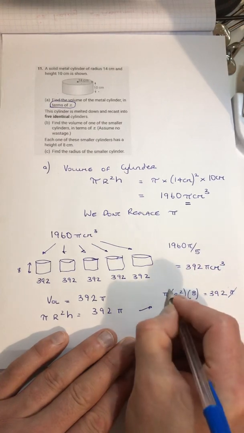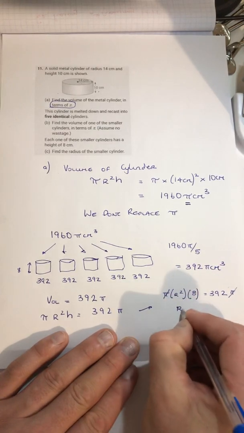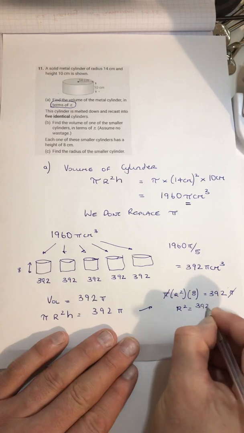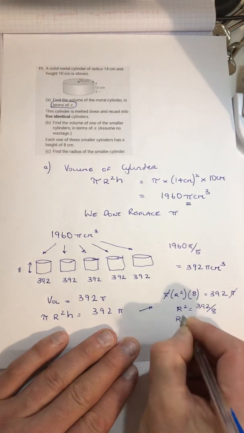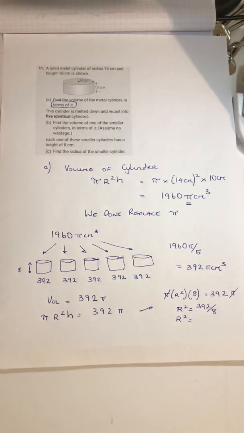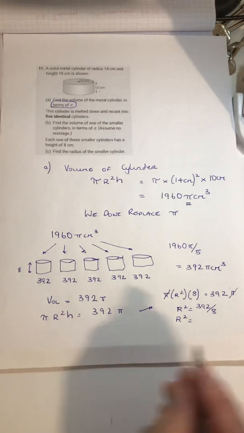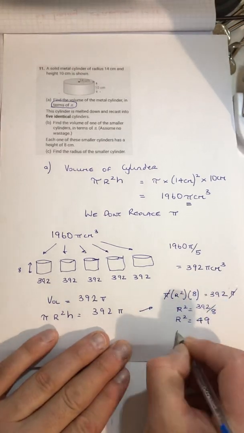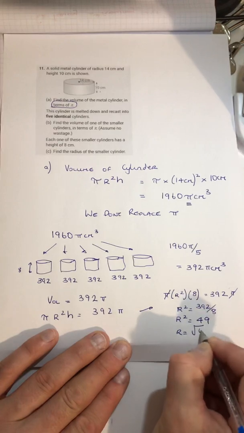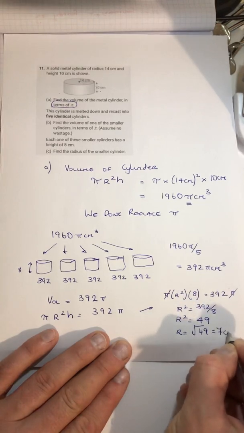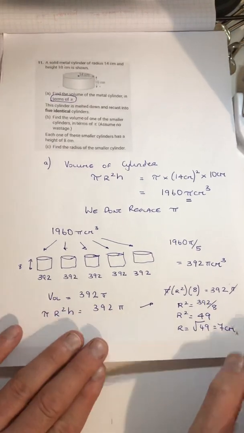Cancel the pi's, so r squared is equal to 392 divided by 8, so r squared is equal to 49, meaning that r is the square root of 49, which is 7 centimeters.